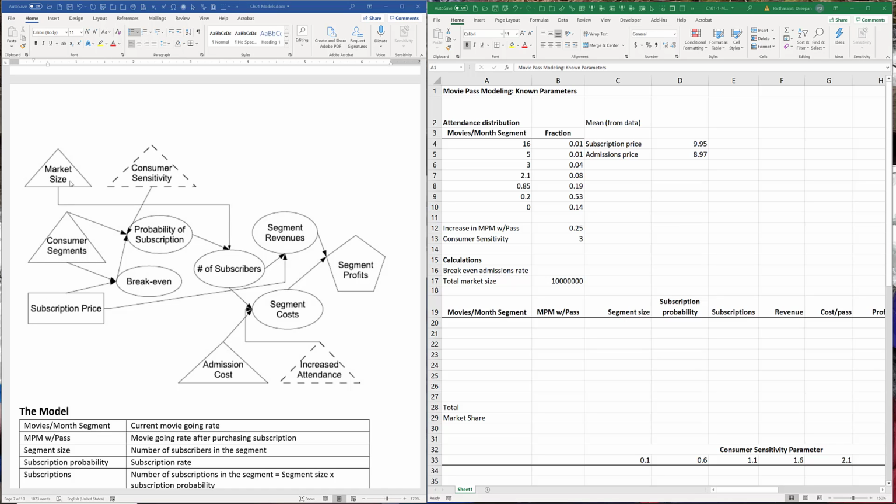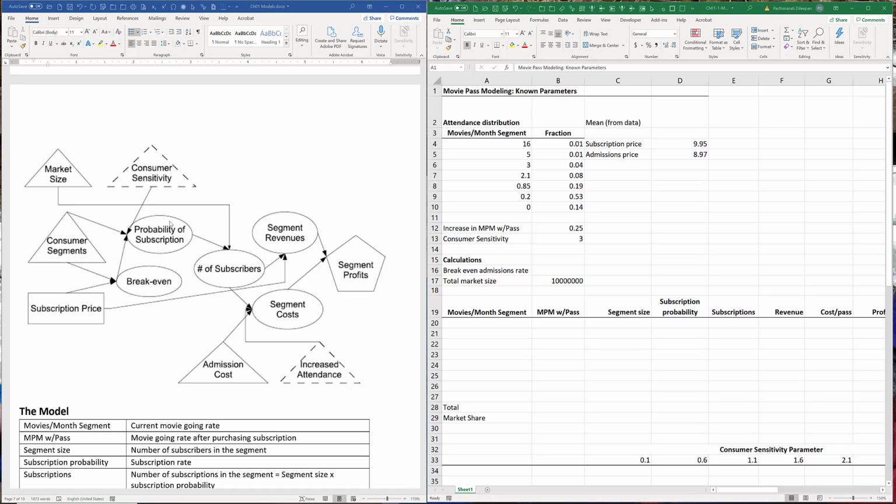We have the market segmentation, the total market size, and then that market is segmented into different layers based on current movie going rate, and then with the subscription price and the cost, we get the break even movie going rate.